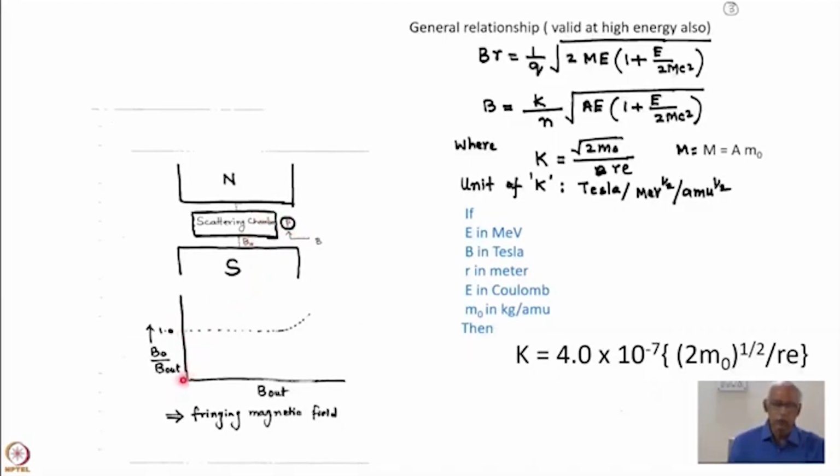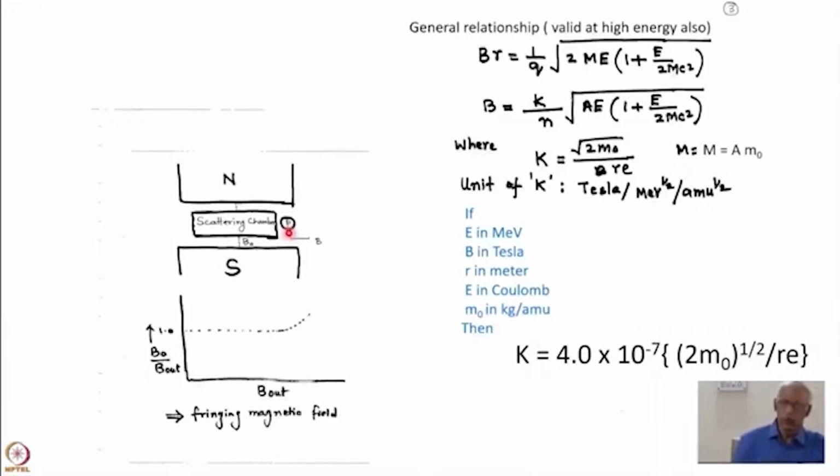But we saw that the field at the center is slightly smaller than towards the end, and therefore in calculating the K value, or the energy, we should take this factor into account.